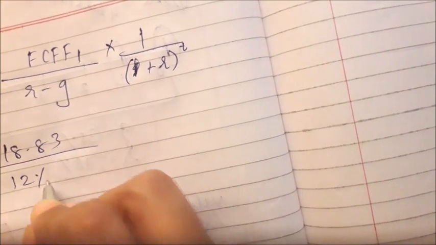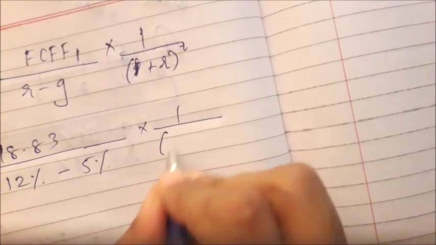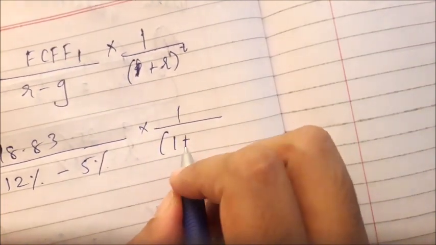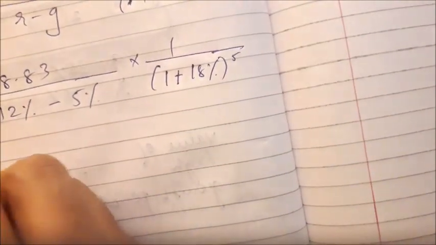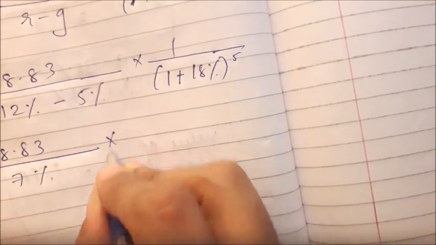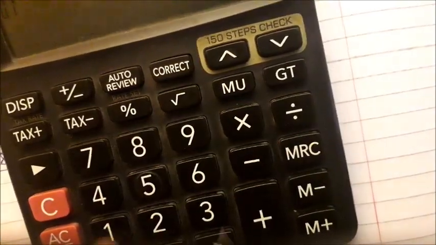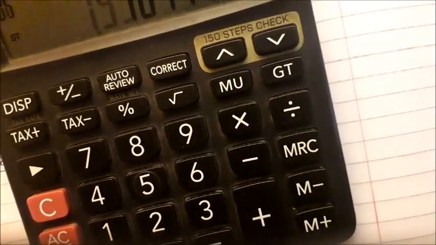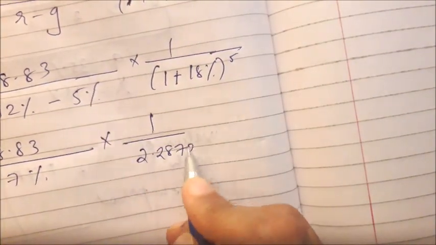The rate of return is 12%, minus growth rate is 5%. We'll discount with the previous cost of capital, that is 18%, for 5 years. So let's calculate 18.83 here, 7% multiplied by 1.18 to the power 5 times, 2 3 4 5 is 2.28775.